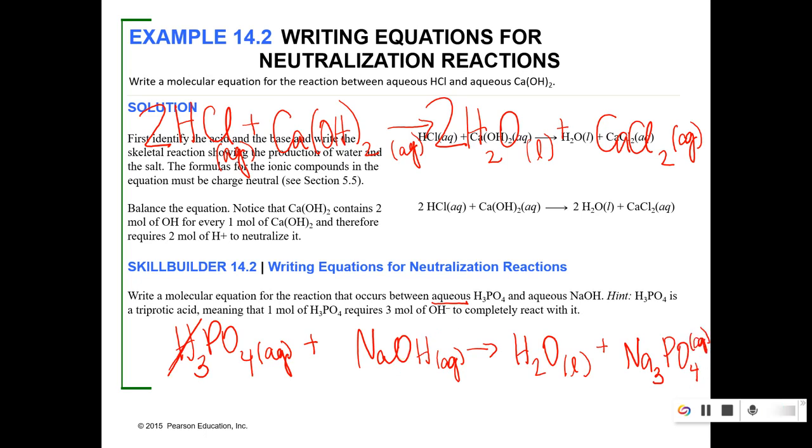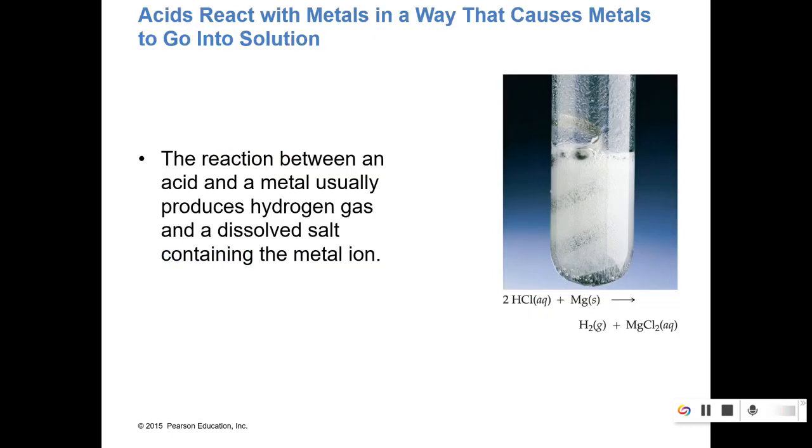If you remember, all group 1 metals are soluble. So now we need to balance. I've got 3 Nas on the product, so I need 3 NaOH there. And then now I have 3 O's that are not part of phosphate, so I need a 3 there to balance that part. All right, if you need practice, there's plenty on Mastering.